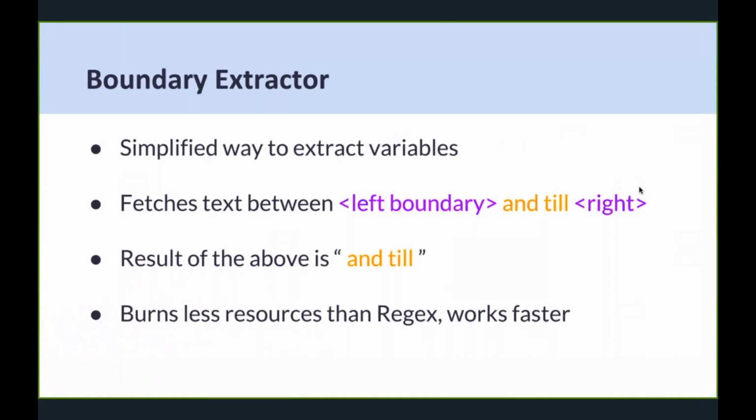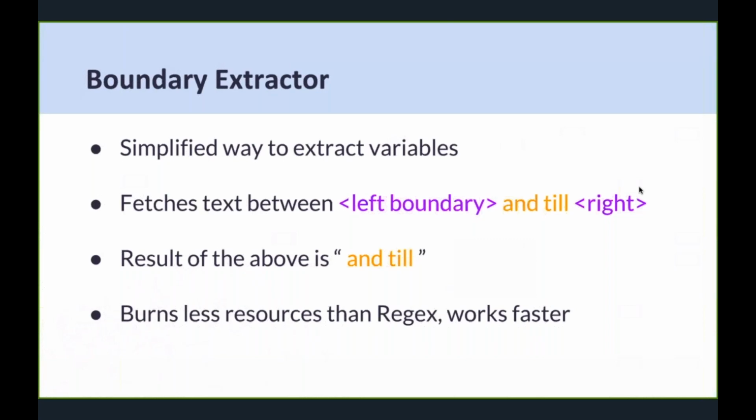And with the boundary extractor, it becomes very, very simple because most of the time you need to extract something that is clearly specified by left and right. So in the on-screen example, from the left boundary till the right boundary, and you will get the thing in between.